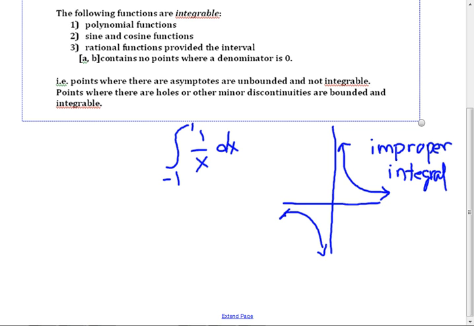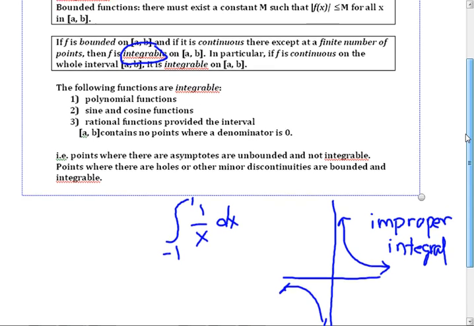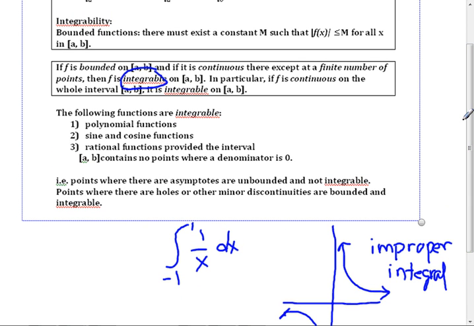Okay, what do we got here? So you can integrate functions that are not continuous. Not every single thing can be done, but more things can be done. You could do it if it was a discontinuous piece. Also, polynomial functions are integrable. What's a polynomial function? Remember? Like ax to the 4th plus bx cubed.